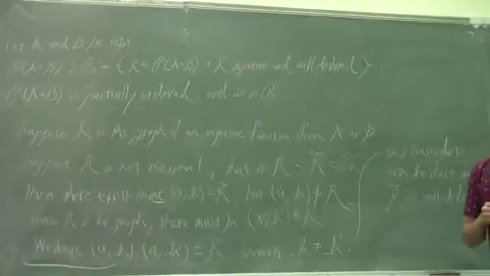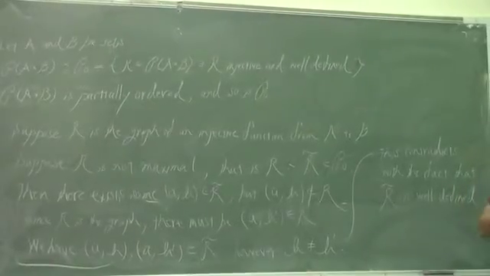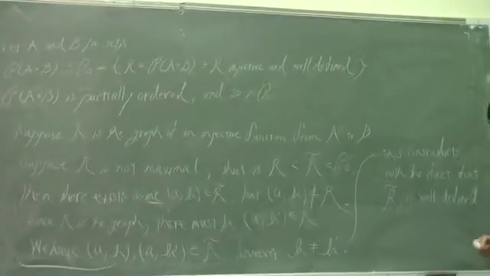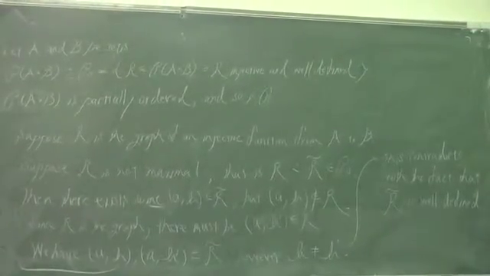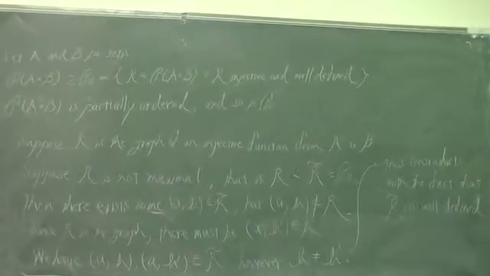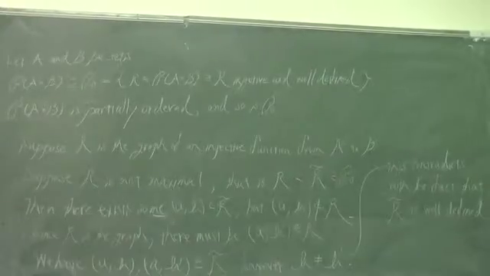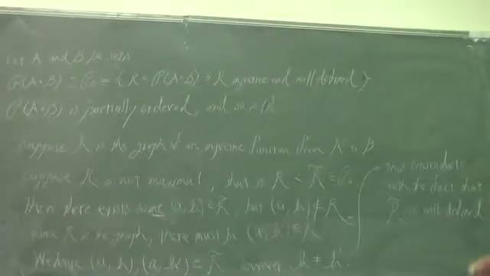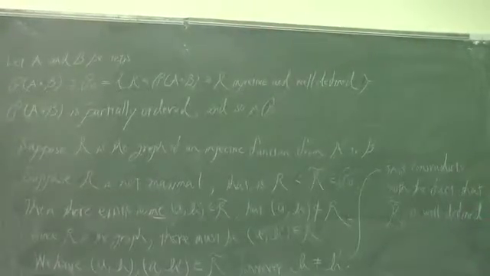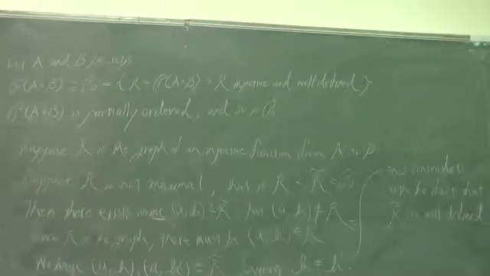Right, but it's maximal if R is the graph of an injective function or if R bar is the graph of an injective function. So our first case was if R is the graph of an injective function, it's maximal. If R bar is the graph of an injective function, then R bar is maximal, right? Oh, because it's an or statement, so you have to show both. Right.